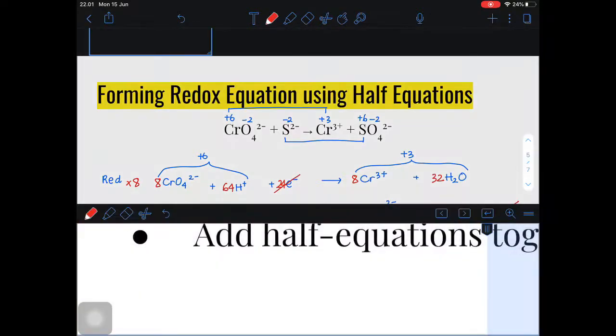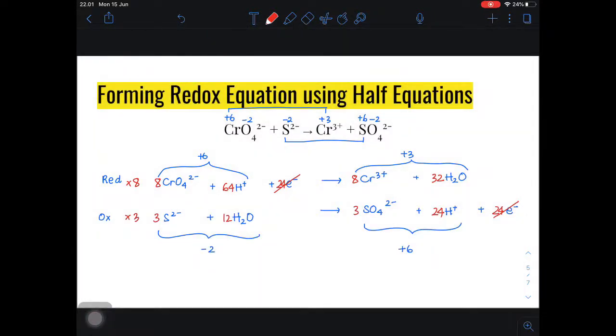Cross out the electrons, cross out the 24 H+. Now we only have 40 H+, and instead of 12 H2O, we have 20 H2O.